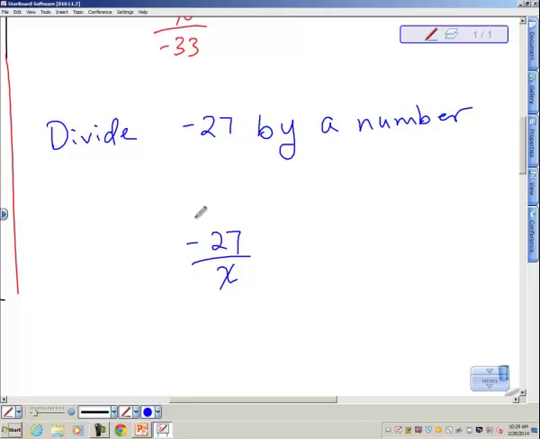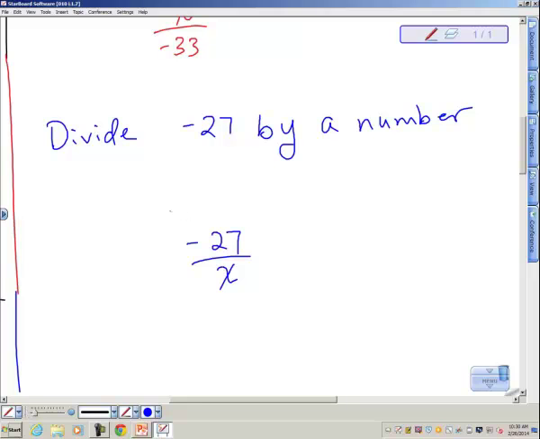When it says divide a number, you know that's going to be x. And when it says divide by 27, that goes on the bottom. Whatever goes first in the sentence is what goes in the numerator. That tells us exactly what to do. So with division, order matters, like subtraction.